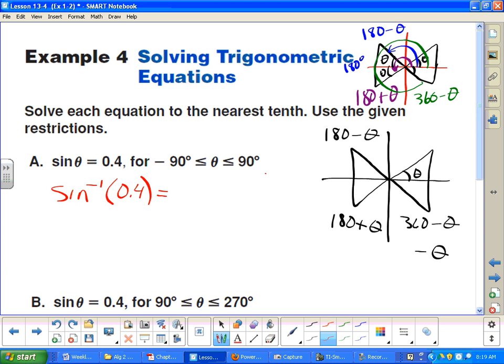And when this number, this 0.4, is positive, it's going to give you the reference angle that I want to work with. So this is going to tell me what theta is. So what'd you get?